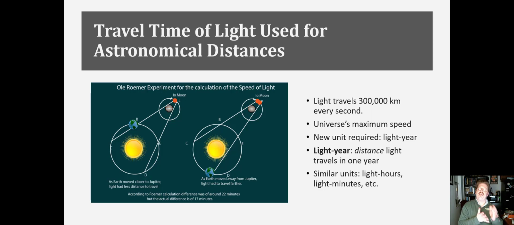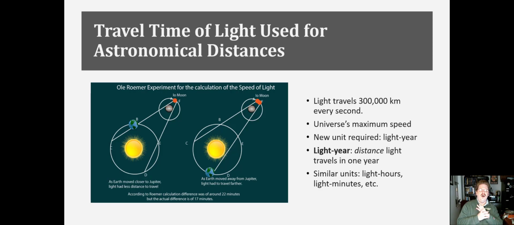But he noticed that his estimations of when those orbits would begin changed based on the time of year, or more specifically, based on where the Earth was in relation to Jupiter.